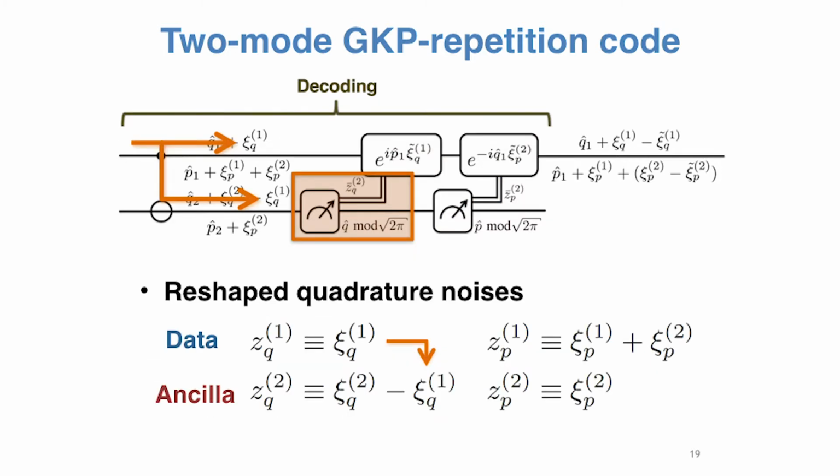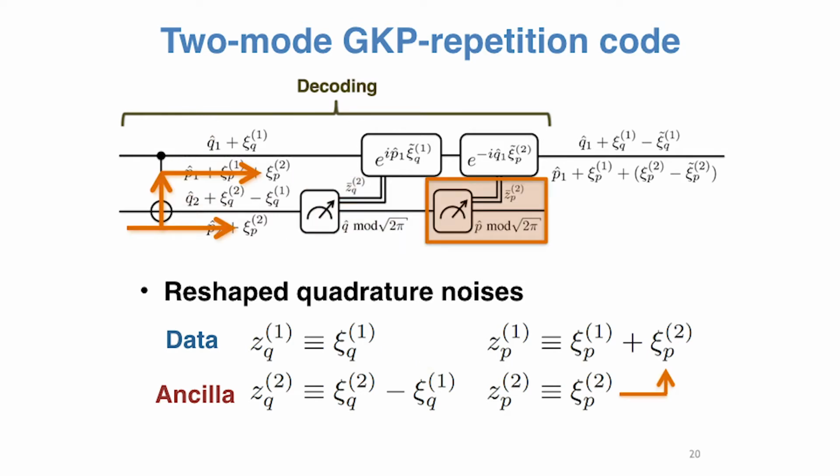So indeed, as long as errors are small, we have the same advantage that we had from this position noise propagation, and we can therefore benefit the same way. And now, because we also keep track of the momentum noise, we are not anymore limited by the ancillary momentum noise that's propagated from the ancillary to the data.